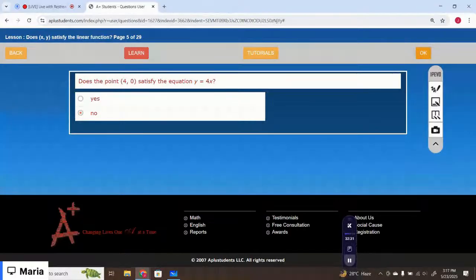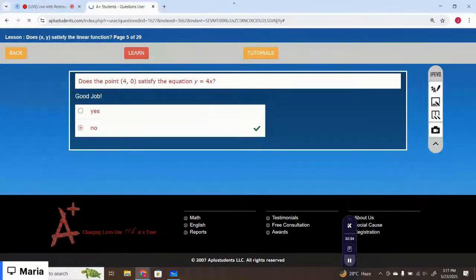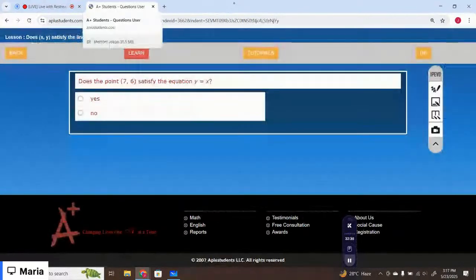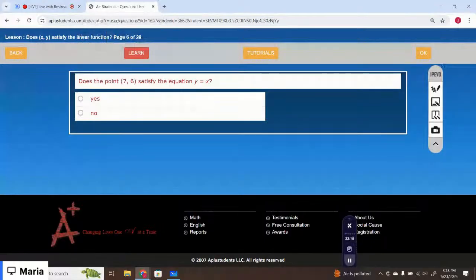So the correct option is no. Does the point satisfy the equation y equals x? The correct option is given.